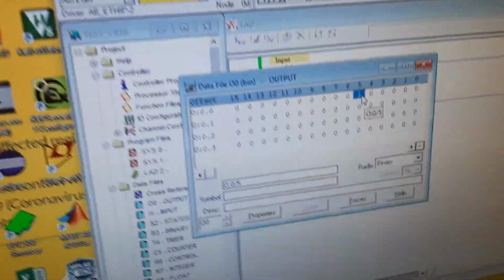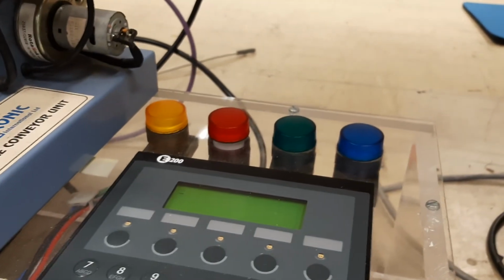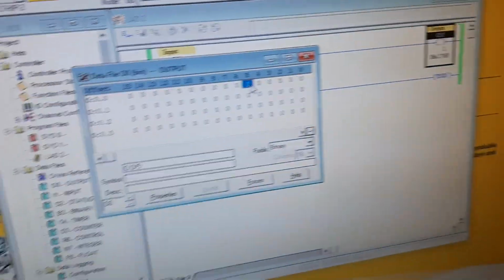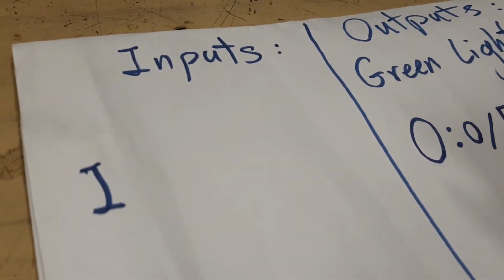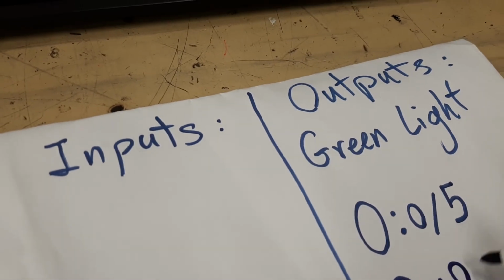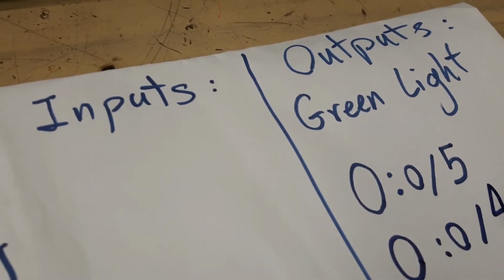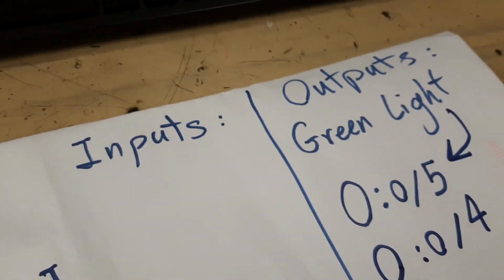Now I'm going to change that back to 0 and then press enter. The light is off, so I'm communicating directly through the computer. Now let's see what O number 4 does. This one was the green light.